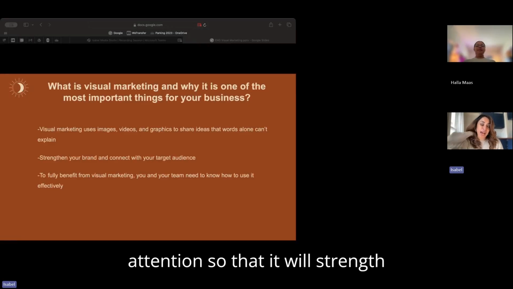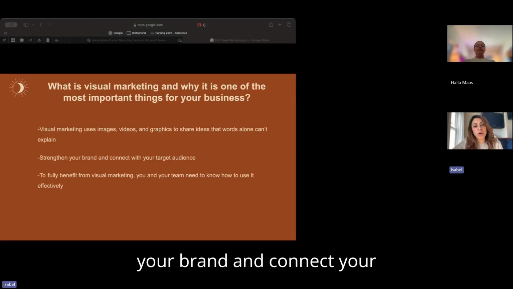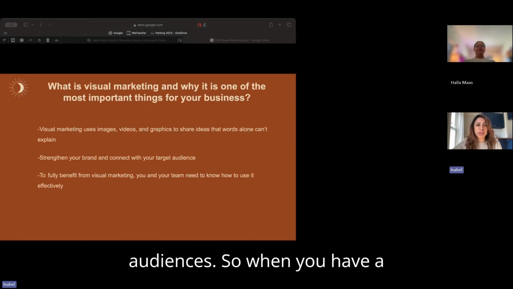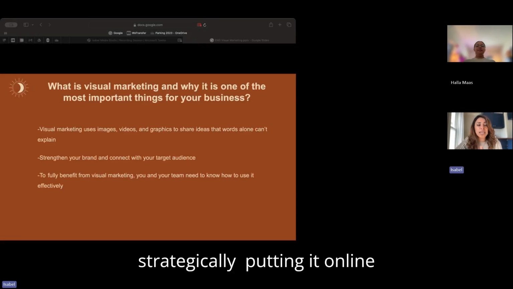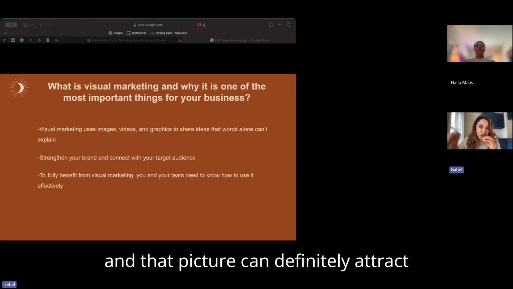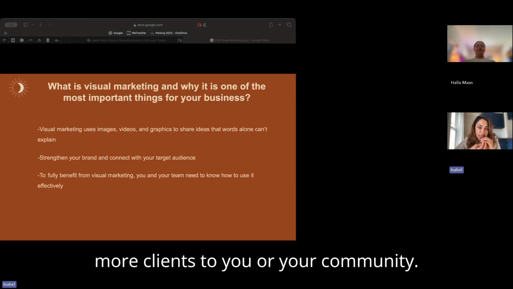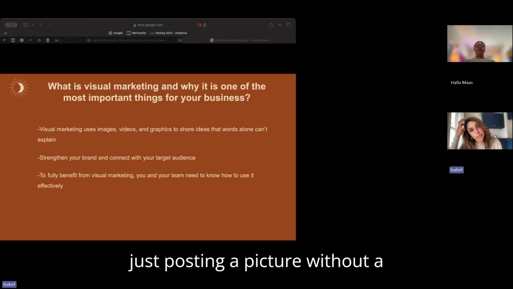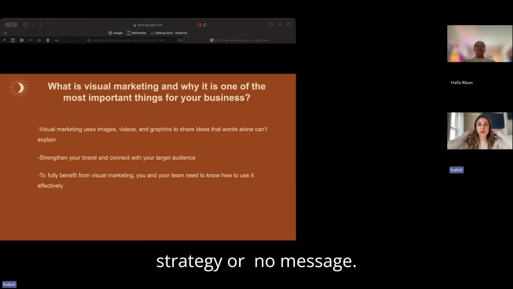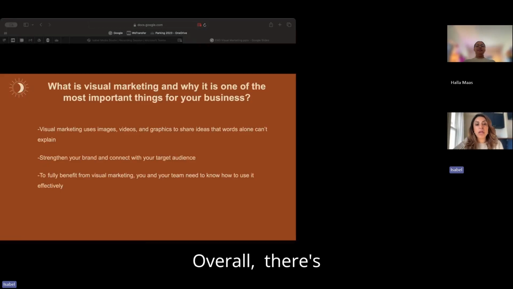That will strengthen your brand and connect with your audiences. When you have a picture that is very strong strategically and you put it online, that picture can definitely attract more clients to you or your community if you're an organization, instead of just posting a picture with no strategy or no message overall.